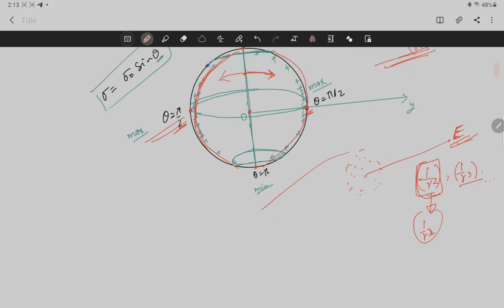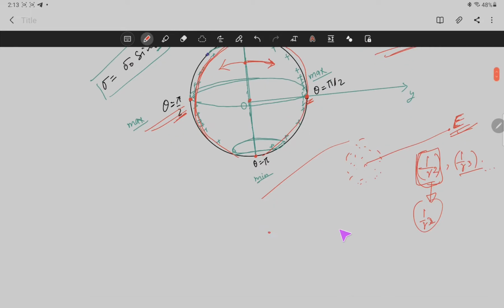Let me give you an example. Suppose a dipole which has positive and negative q of equal magnitude. These two charges are not coinciding. This means that this system has no single point charge. We have point charges, but they are away from each other, and the total charge is zero.